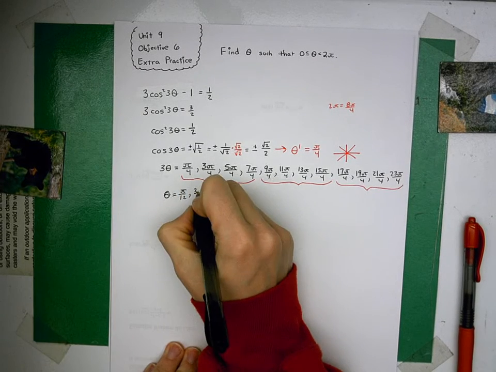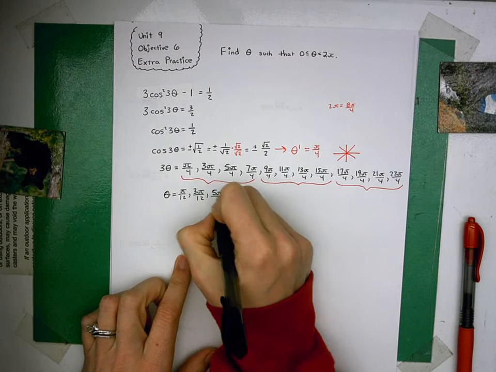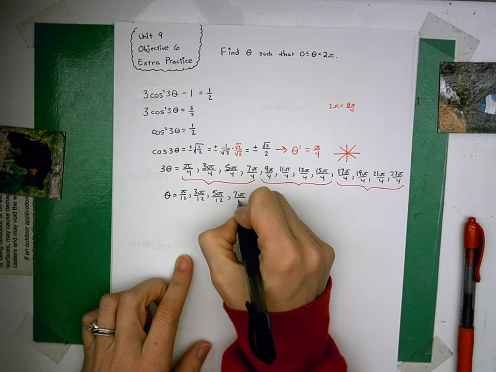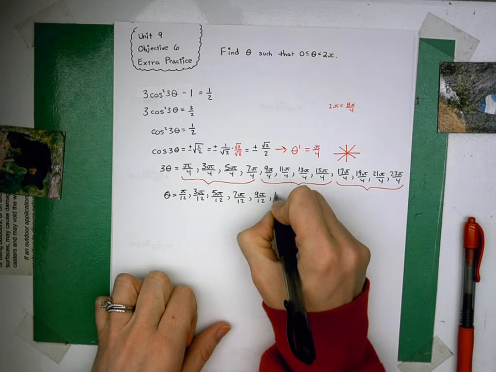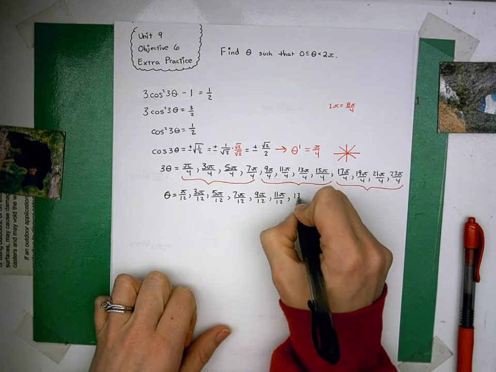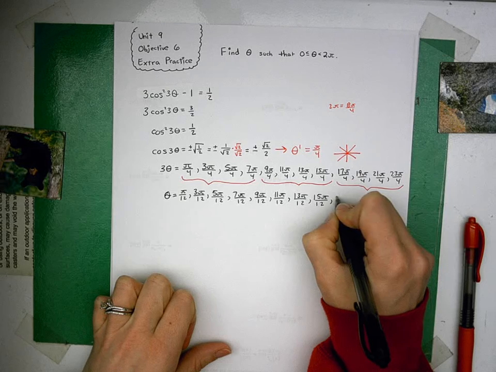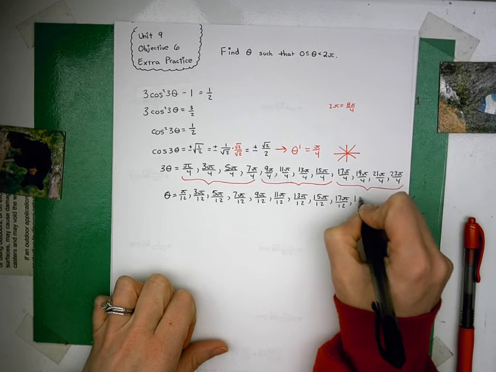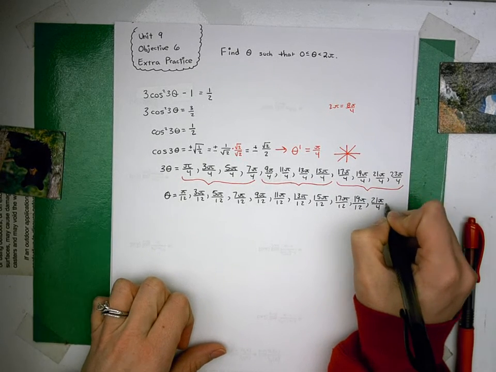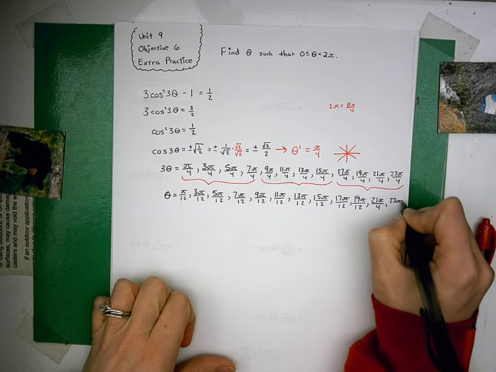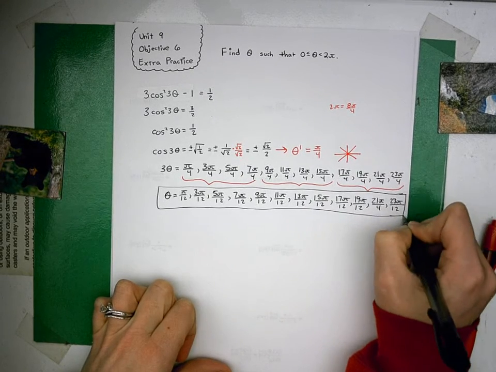This would be 3 pi over 12, or reducing, pi over 4. 5 pi over 12. 7 pi over 12. 9 pi over 12, or reducing, 3 pi over 4. 11 pi over 12. 13 pi over 12. 15 pi over 12, or reducing, 5 pi over 4. 17 pi over 12, 19 pi over 12, 21 pi over 12, or reducing, 7 pi over 4, and 23 pi over 12. For all of our different answers there.